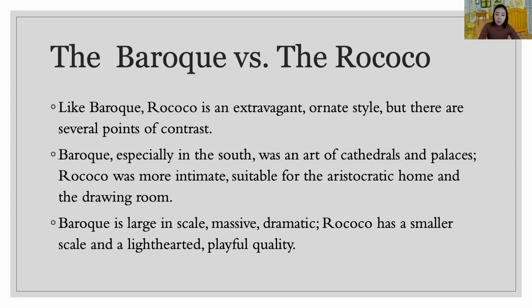Baroque was an art of cathedrals and palaces, and on the other hand, Rococo was more intimate and suitable for the aristocratic home and the drawing room. Baroque is large in scale, massive, and dramatic, and Rococo has a smaller scale and a light-hearted and playful quality. Let's see the examples.